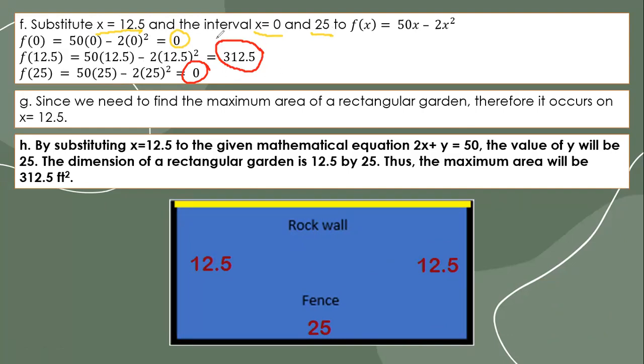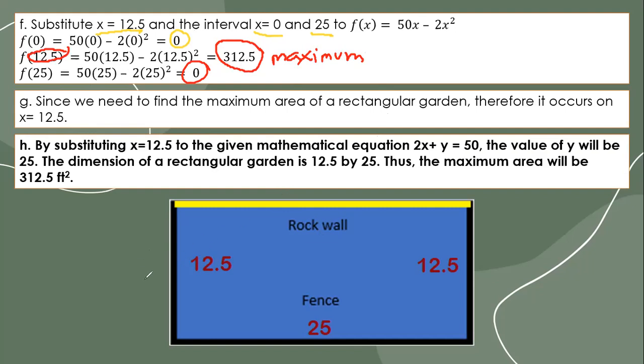So that is compared sa dalawang nakuhang value which is 0, of course, obviously this is the maximum. Okay? That is the maximum area na makukuha. Okay? So since we need to find the maximum area, therefore it occurs on x is equal to 12.5.